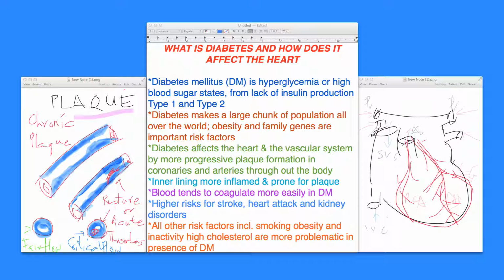In other words, all those risk factors become more problematic in the presence of diabetes. So is diabetes a risk factor? Yes, it is a very prominent risk factor for heart disease and vascular disease in general, also for stroke and renal vascular diseases, as well as diseases in the arterial system to the lower extremities.